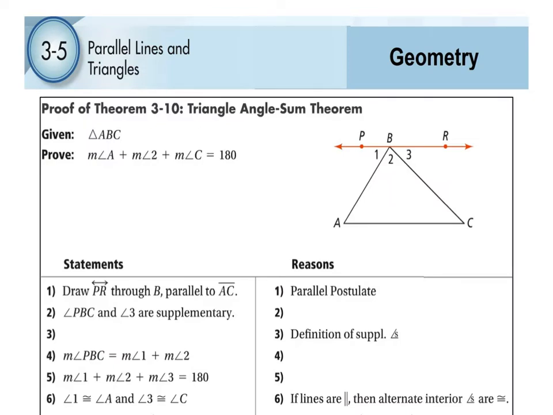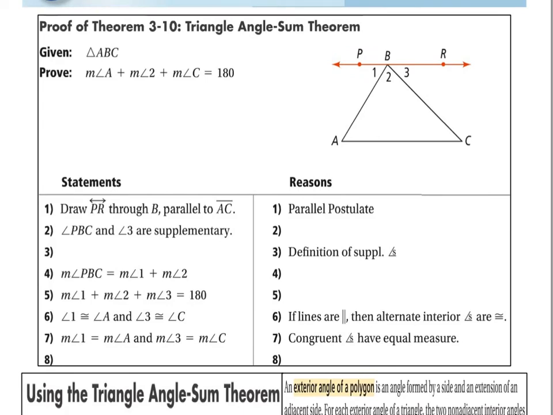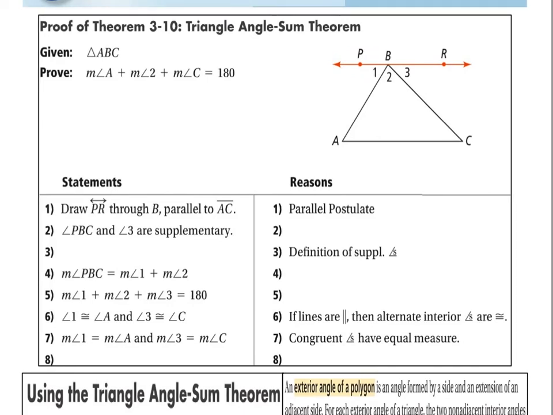This is the proof of theorem 3.10, the triangle angle sum theorem. This is how they come up with the three angles of a triangle adding up to 180. In here, they've done some things for us already. For example, statement 1 says draw a line PR through point B, which is parallel to AC. So we're talking about the parallel postulate.